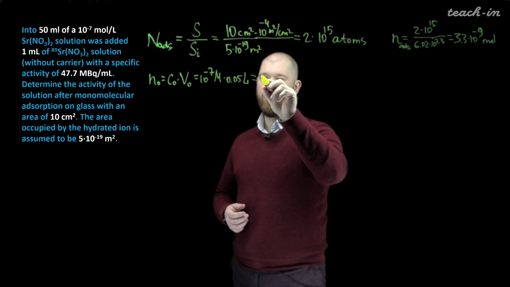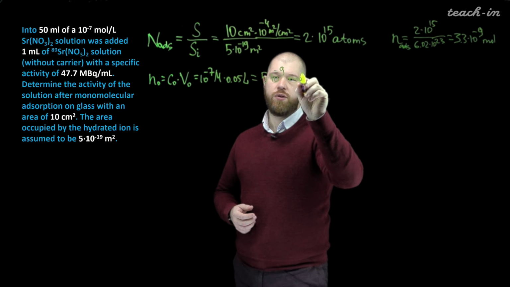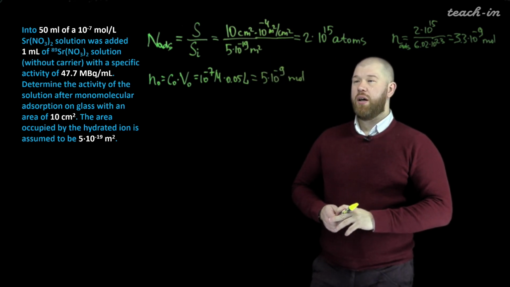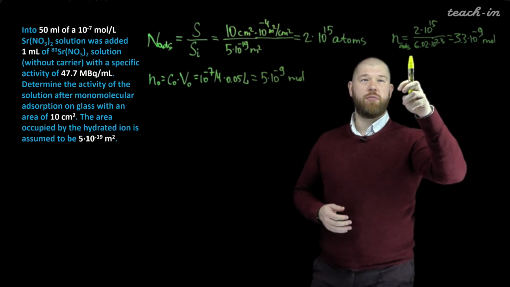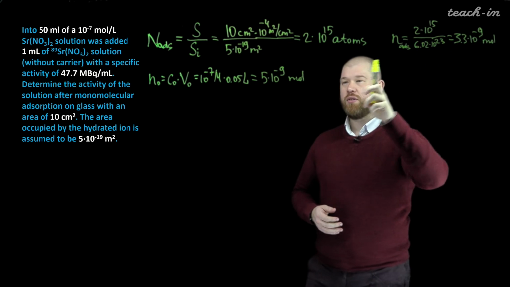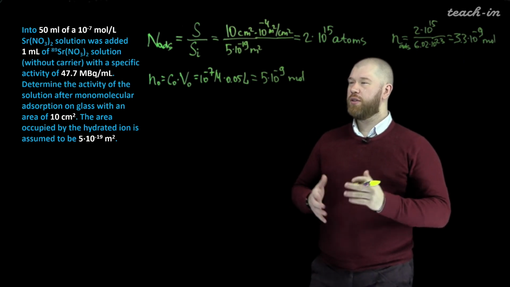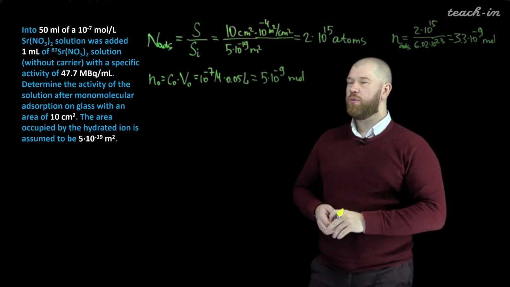So it will be equal to 5 times 10 to minus 9 moles. Okay, and we see from these numbers that the number of adsorbed atoms is more or less close to the number of atoms in our initial solution.